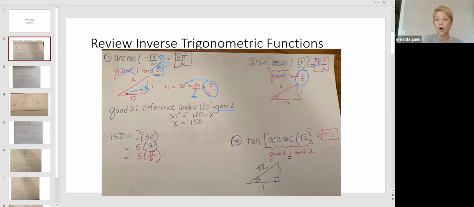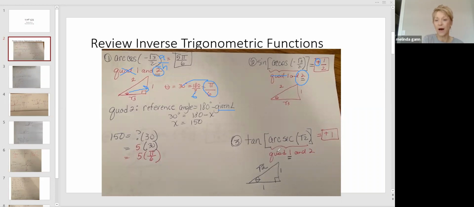Well, let's do another one. Arc secant. Now remember, secant's the reciprocal of cosine, so it follows cosine. So arc secant is defined in quadrants 1 and 2. So you've got to know which trig functions are in 1 and 2 and which inverse trig functions are defined in 1 and 4, and write that down first. Now, do you see that it's saying some angle has its secant to be a positive square root of 2?